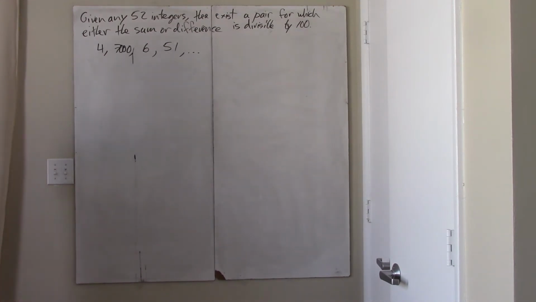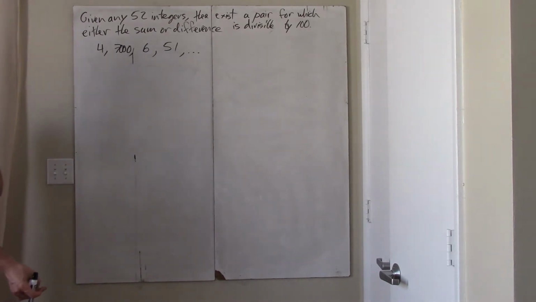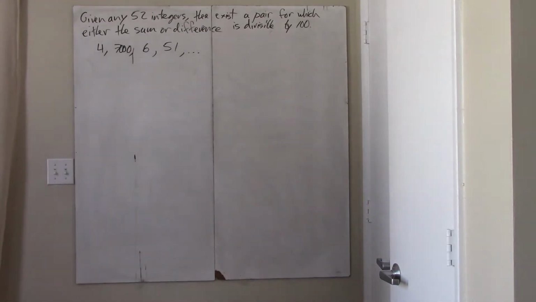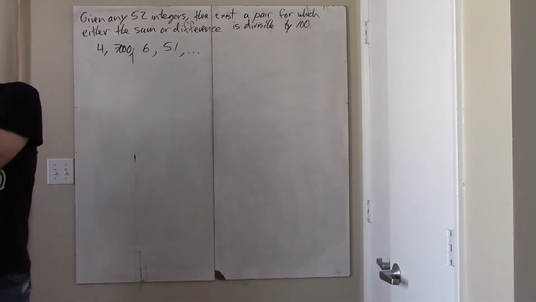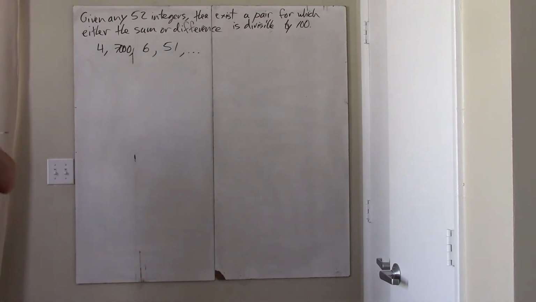Well, first of all, if there are any 2 of them which add to 100, then that would be done. If there are any two of them which add to a multiple of 100, we would also be done. And then the differences, right? If there are any two of them for which their difference is divisible by 100, then that also works.